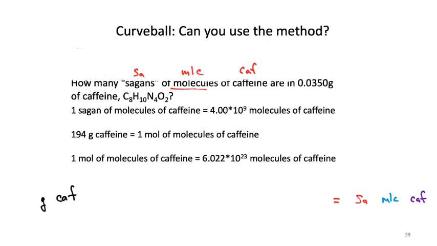Why would we start with that? It's what we know. As we just addressed, we also know that 1 Sagan of molecules is 4 times 10 to the 9th molecules of caffeine. We know 4 pieces of information. So telling me that I know 0.0350 grams of caffeine is a known, so are 3 other things. Why are you starting with grams of caffeine?